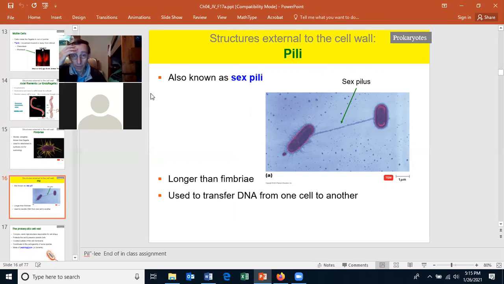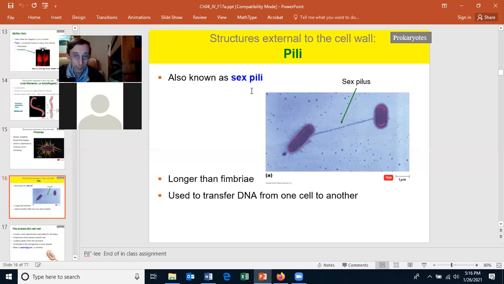You should also know that some bacteria have a special structure called the sex pili, and it is a long structure coming out of this cell here, and it literally skewers an F-negative cell, an F positive cell, and we'll talk more about that later, and then can act like a winch and bring the two cells closer together.